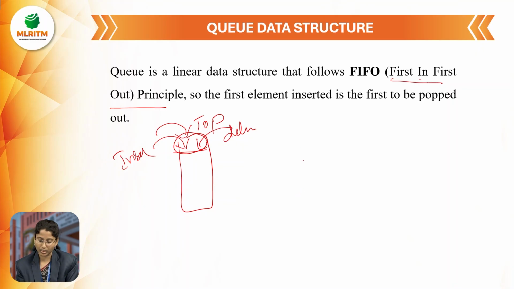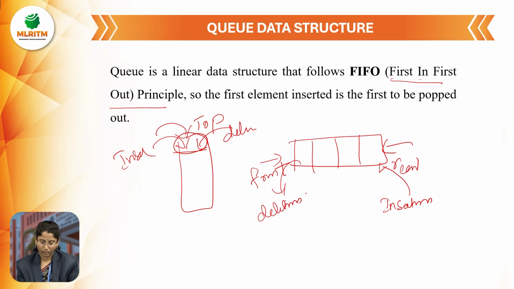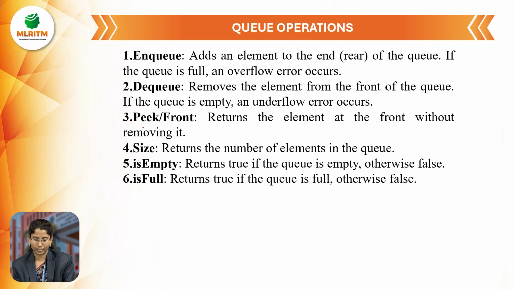Whereas in the queue data structure, we have two ends, that is front end and rear end. So here the insertion will be happening from the rear end, whereas the deletion will be happening from the front end. So the first element inserted is the first to be popped out in the queue data structure.